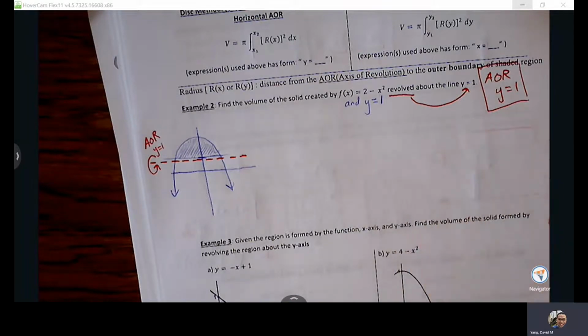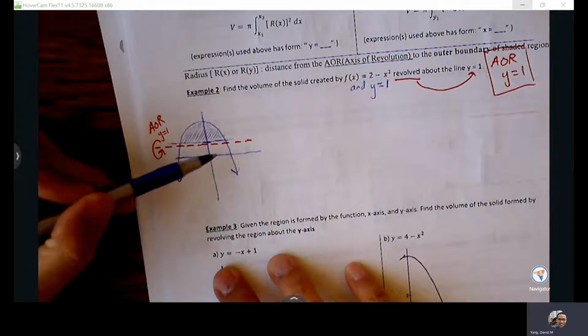Later, the axis may be in a different place from the shaded region, and that's where holes will be created, and we're going to talk about that with washer method. But right now, just pay attention. Look at all the similarities of all these axes. All these dotted lines are right up against the flat surface of your shaded region. That's going to be helpful later when we're having to differentiate between different methods.